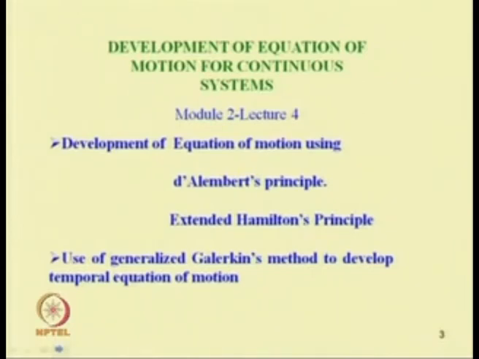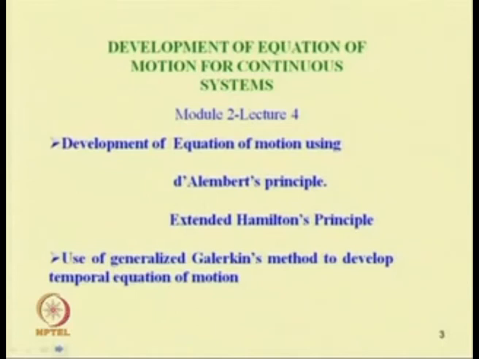As you know, in the case of a distributed mass system or continuous system, the governing equation of motion will be a partial differential equation, unlike in the case of the discrete system, where we have an ordinary differential equation of motion.